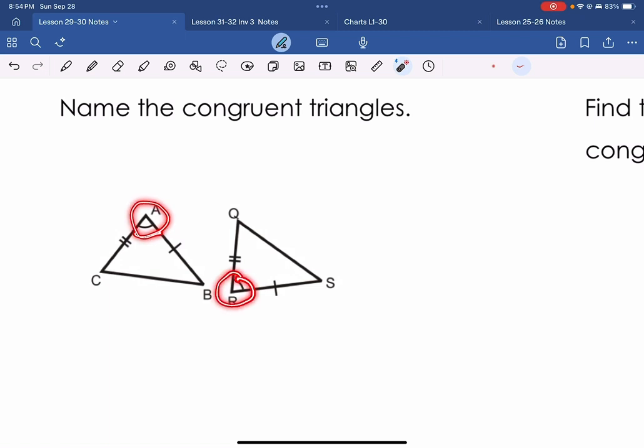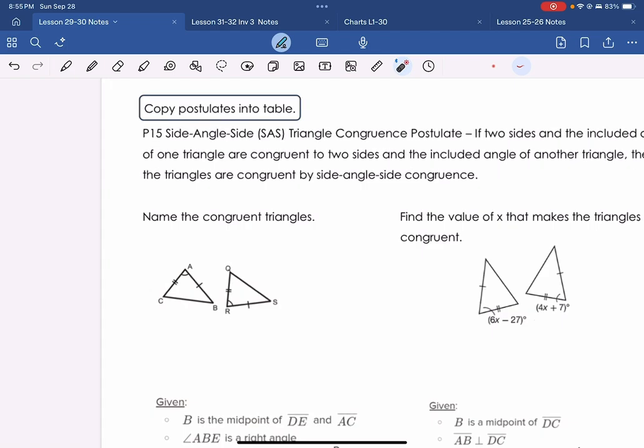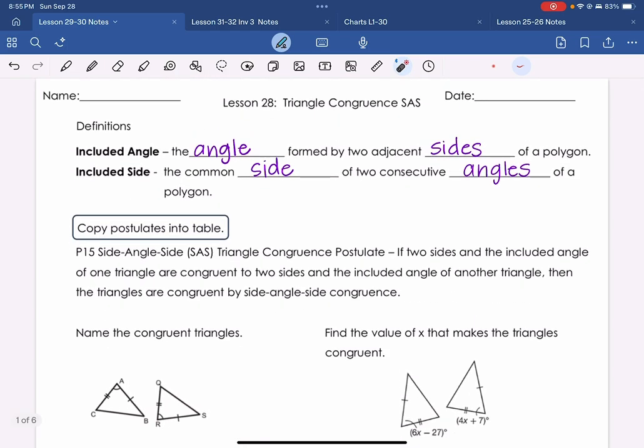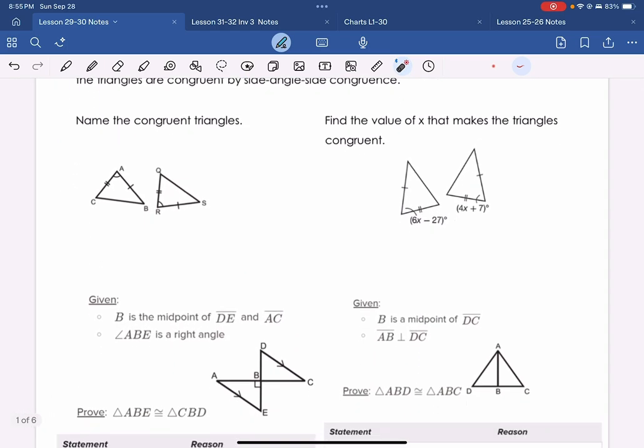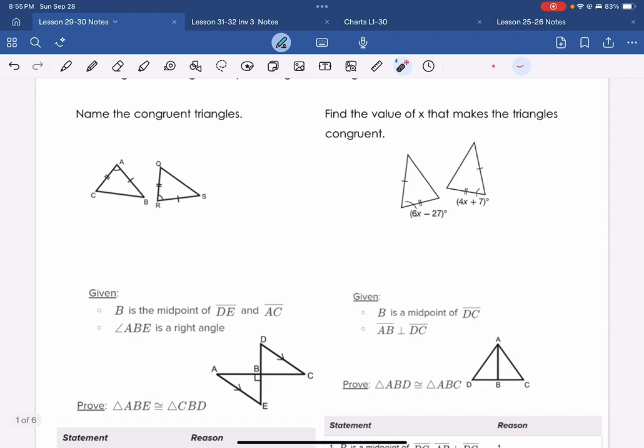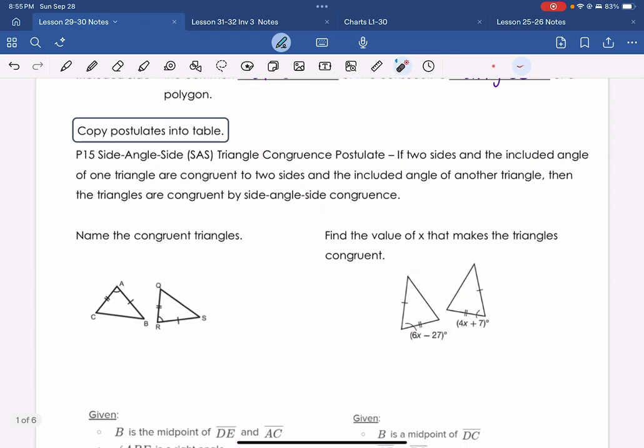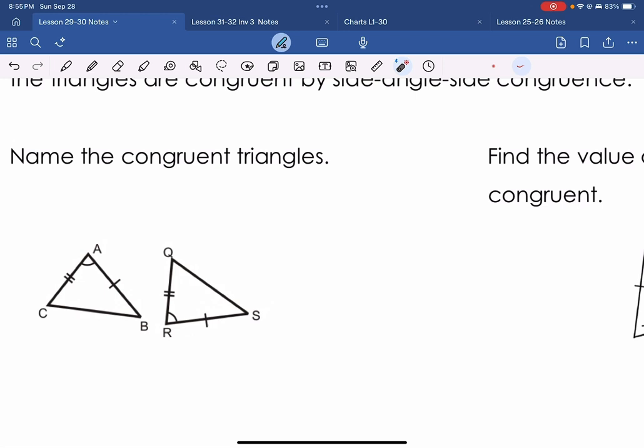You see how it's in between two congruent sides? That is an included angle. And then an included side would be between two angles, which I don't show one here, but let's say we had this and we had this. Then this side would be the included side of those two angles.